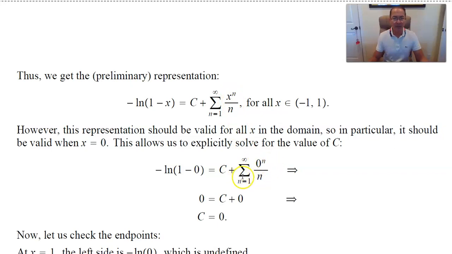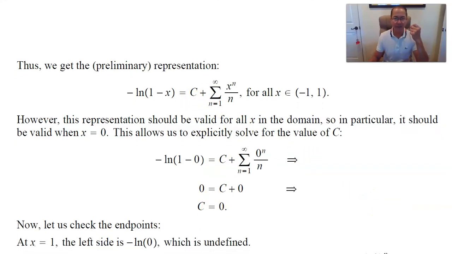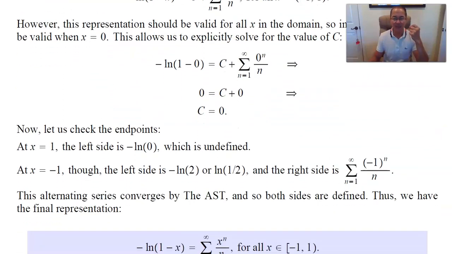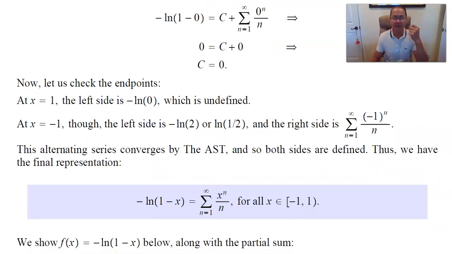So nothing survives in the power series, but there's still the plus c. On the left, you have minus ln of 1 minus 0, which is ln of 1, which we know is 0. Very good. So c is just 0. That c simply disappears. Will it always disappear? Most of the time it will disappear, but you'd better check.